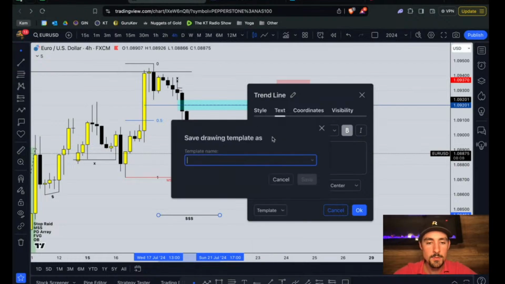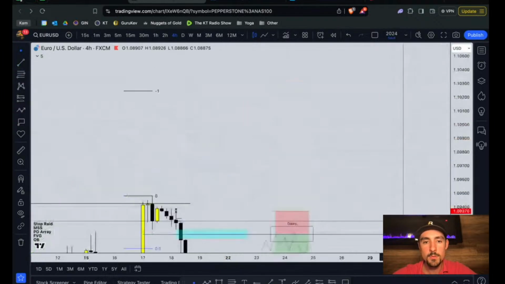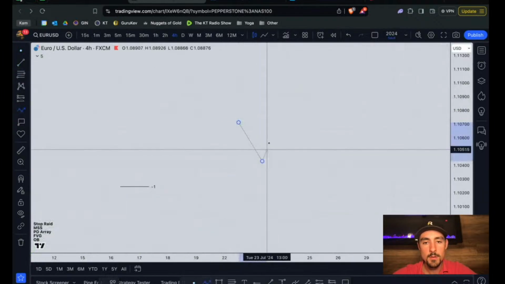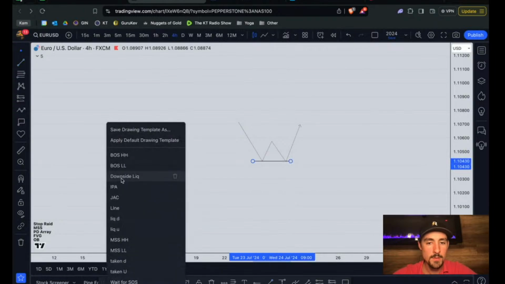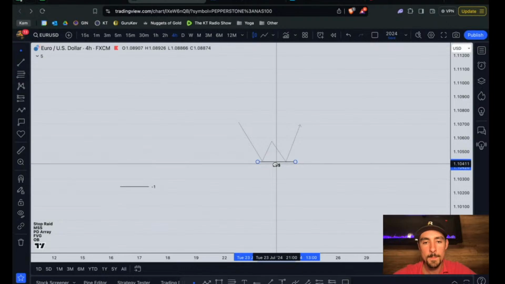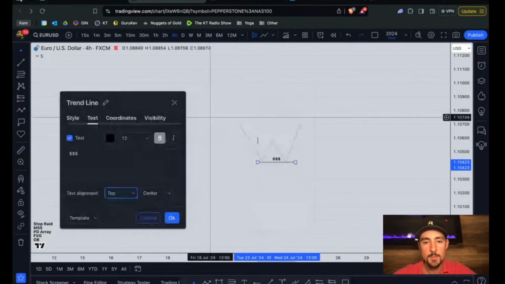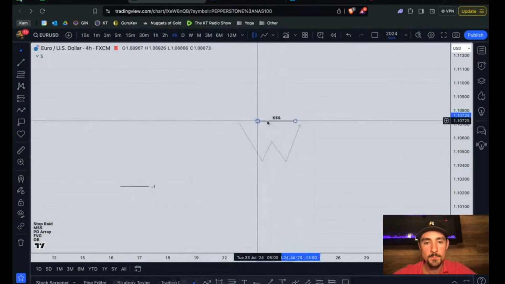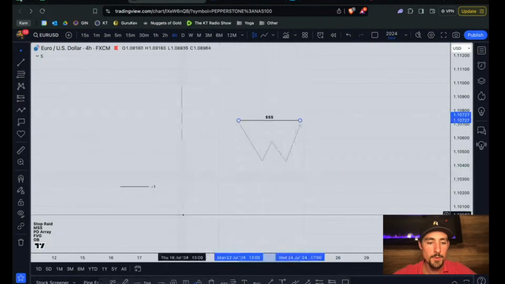You can save as downside liquidity, and then anytime you're using a trend line to mark up relatively equal lows, something like this, you can grab that trend line, draw it out as you would, go to your templates, and click the template, and it'll put up the text. You can do the same thing, flip it, text alignment, put that on the top for upside liquidity.